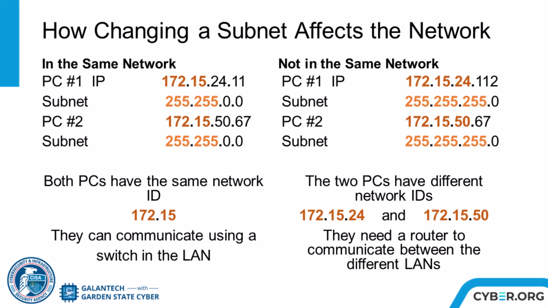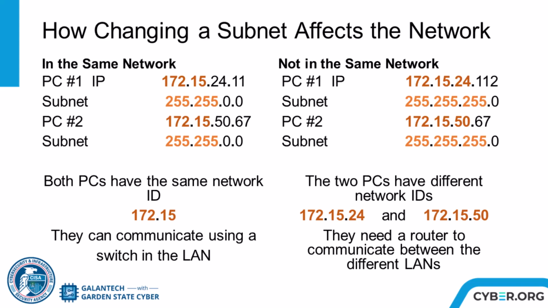When the subnet mask is 255.255.255.0, then the first 3 octets of the IP address identify the network. We can see how in example 2, the PCs are not in the same network because the first 3 octets are not the same between the 2.